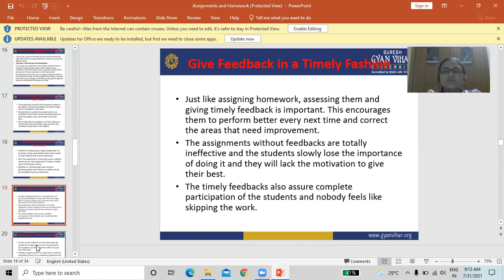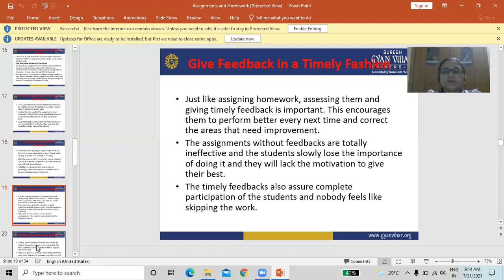Give feedback in a timely fashion. Just like assigning homework, giving timely feedback is important. This encourages them to perform better every next time and correct the areas that needed improvement.